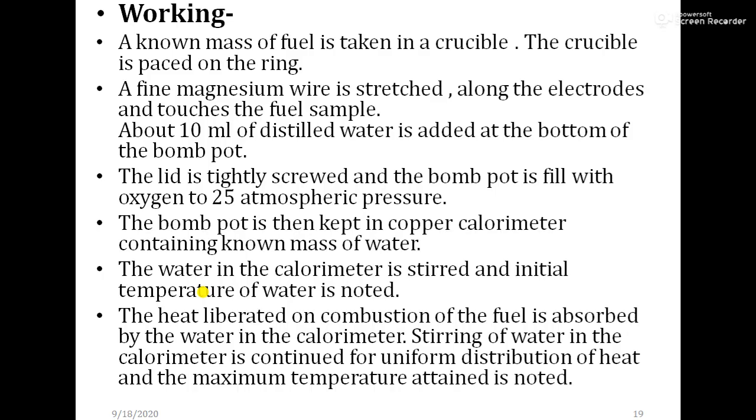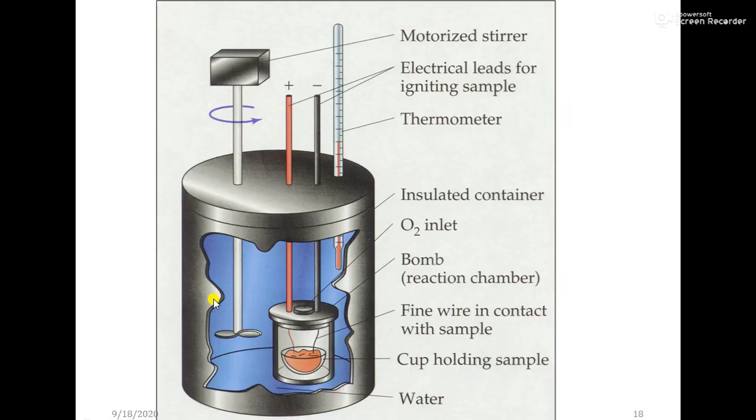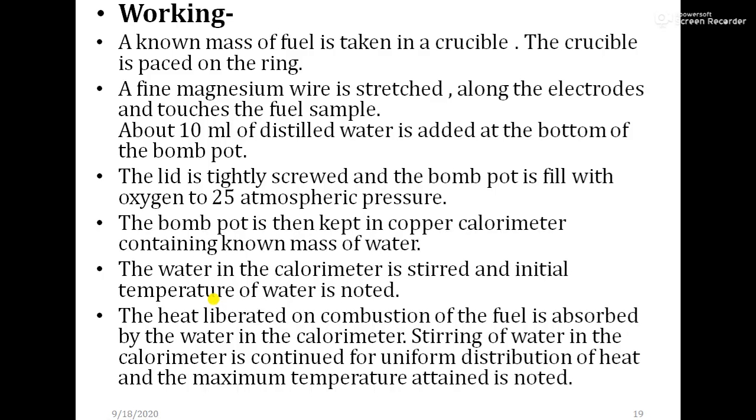About 10 ml of distilled water is added at the bottom of the bomb pot. So here you can see, water is added at the bottom of the bomb pot. The lid is tightly screwed and the bomb pot is filled with oxygen to 25 atmospheric pressure.